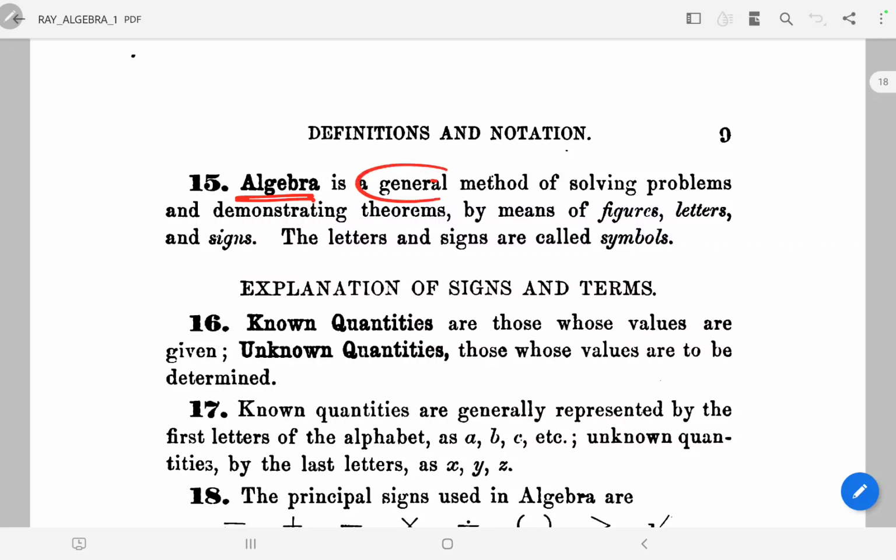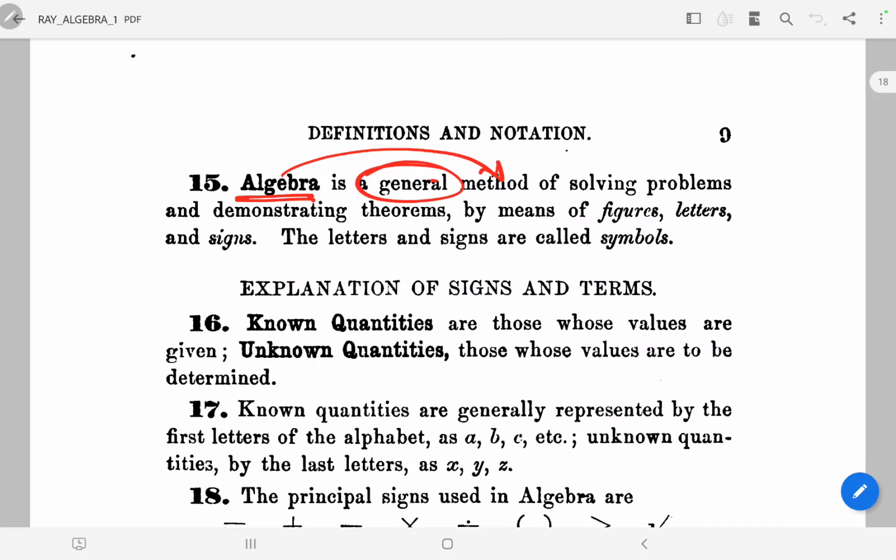Algebra is a general method. The word general here is important. Algebra is a general method of solving problems and demonstrating theorems by means of figures, letters, and signs. The reason why I say general is important is because algebra is a method. It's a method of solving problems, but it's general because it applies to all different problems and all different theorems, all different questions.